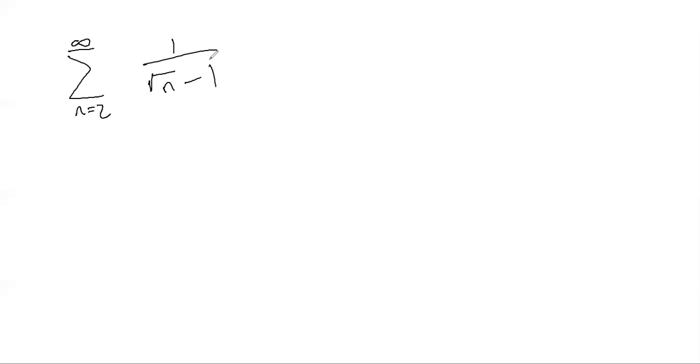You're going to be given a series and asked whether it converges or diverges, but you're not going to be given any clues as to what test to use or what section the material is coming from. So we need to be able to spot that this is a comparison test problem. When I see this, I see immediately that it is very close to the series 1 over square root of n, okay?